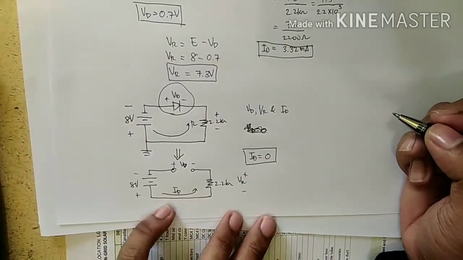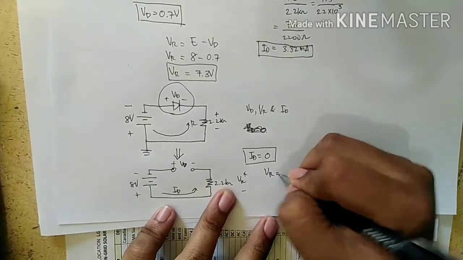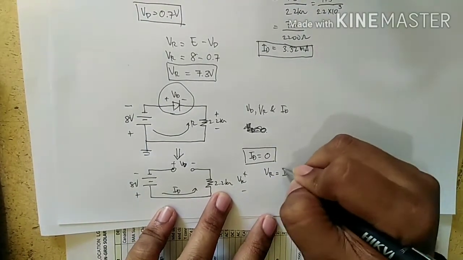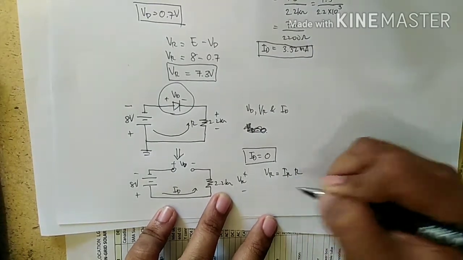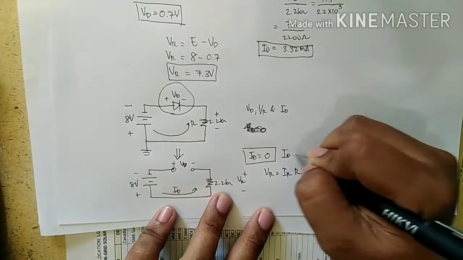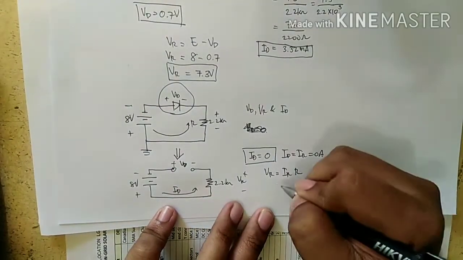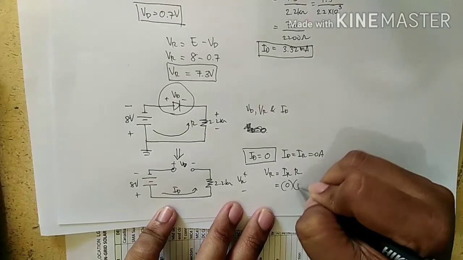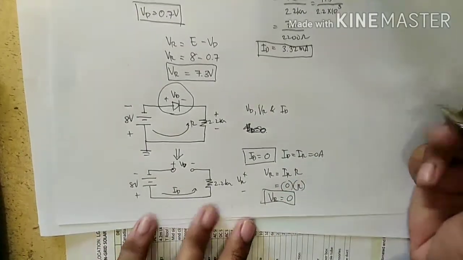How about VR? VR is equal to IR times R. Since ID is equal to IR, which is 0 amps, VR is 0 times R, which is also 0.